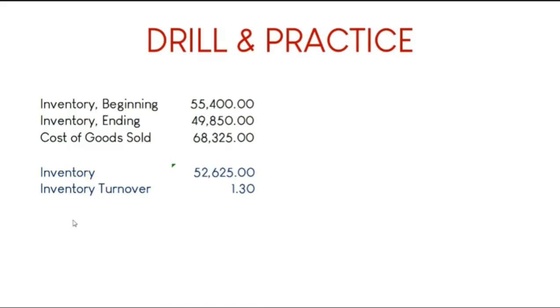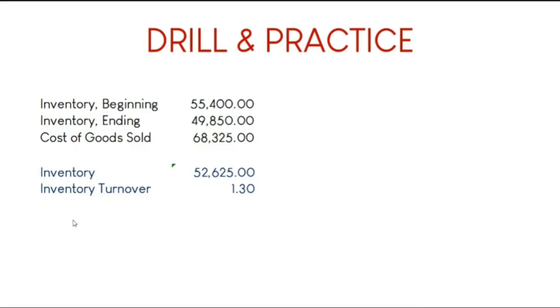So the process for this, if the inventory beginning and ending is given, we first get the average inventory. We get the average inventory by adding the inventory beginning and inventory ending. Then we divide them by 2. After that, we divide the cost of goods sold by the average inventory, and we get 1.30.